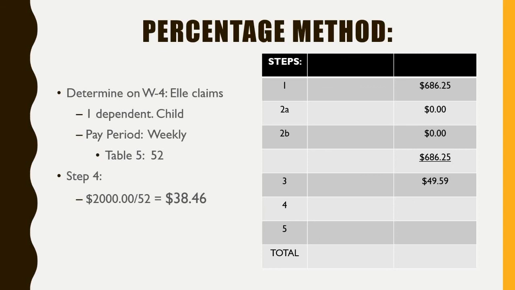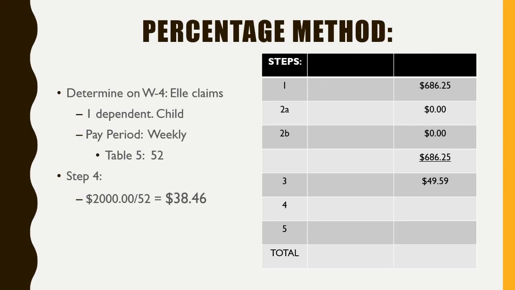Now, here's a rule. If the amount for the number of children that you claim exceeds the total amount that you are going to withhold, you withhold $0, because you can't have the government pay you money. That's the rule.